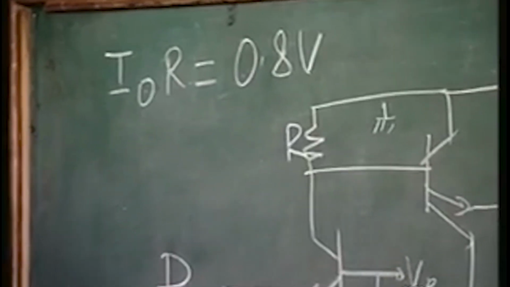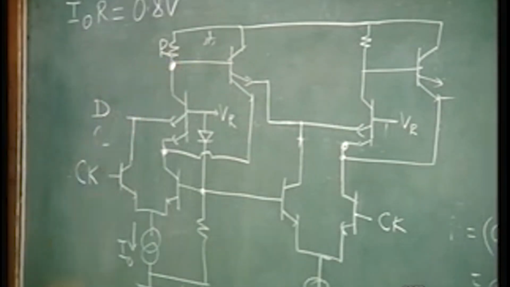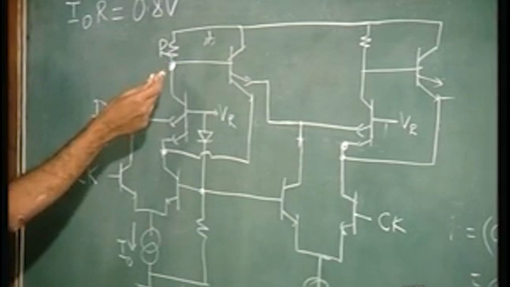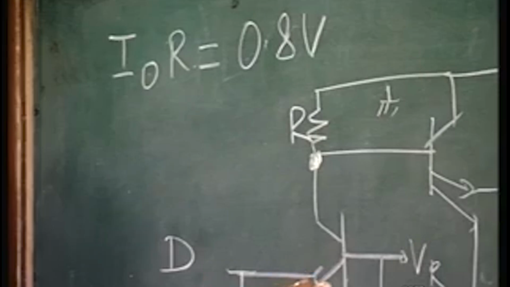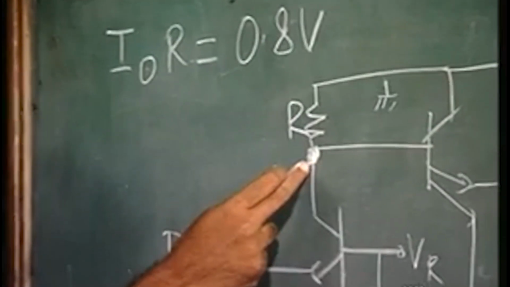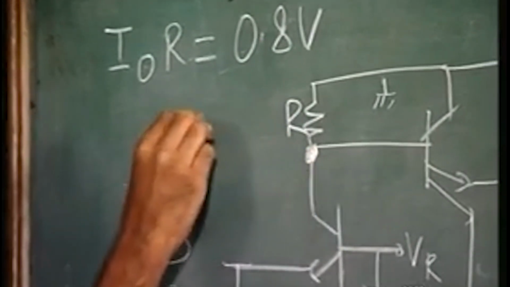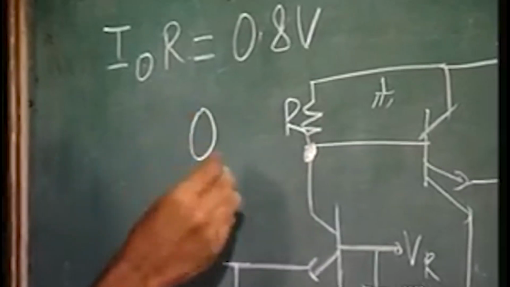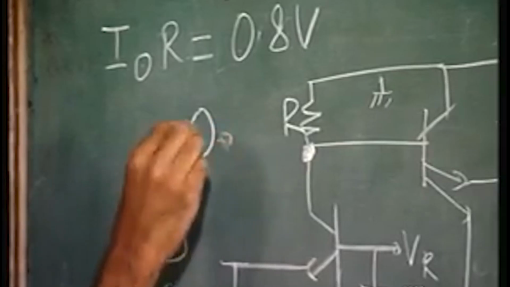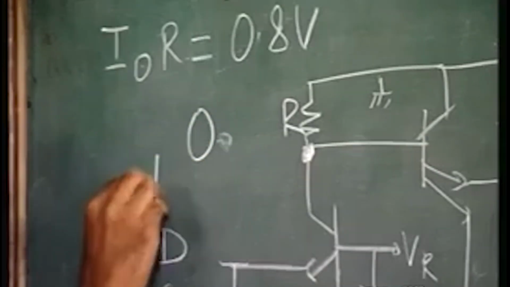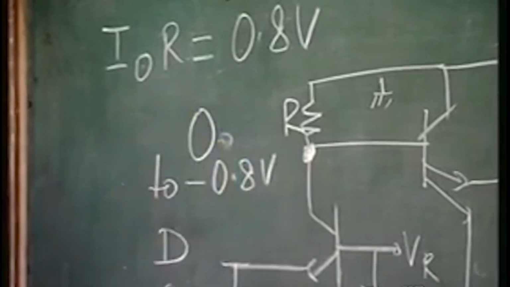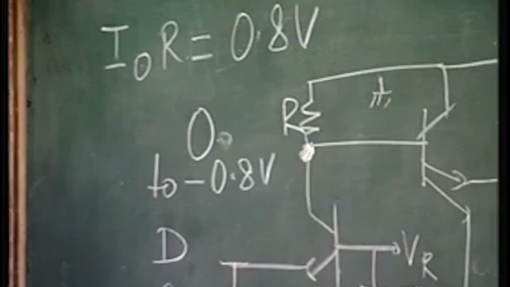So, the voltage here at this node can either be 0 volts if this transistor is not conducting, or it can be minus 0.8 volts. So, here the voltage variation is 0 to minus 0.8 volts. This voltage variation at this particular node.